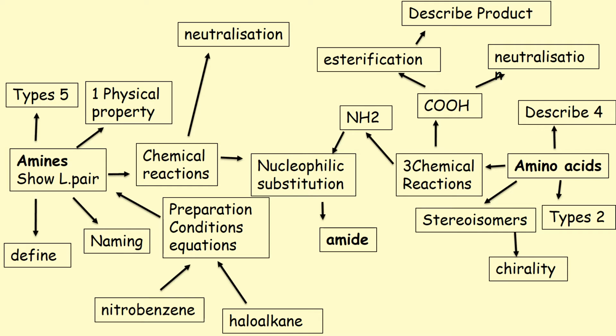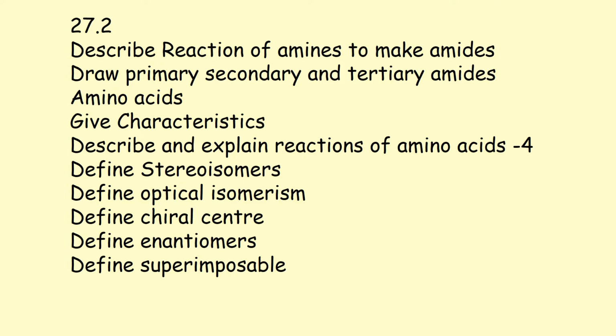Okay, let's start. So I'm going to start off with the question: describe reactions of amines to make amides. Now, this is not as obvious in the textbook as it might seem.